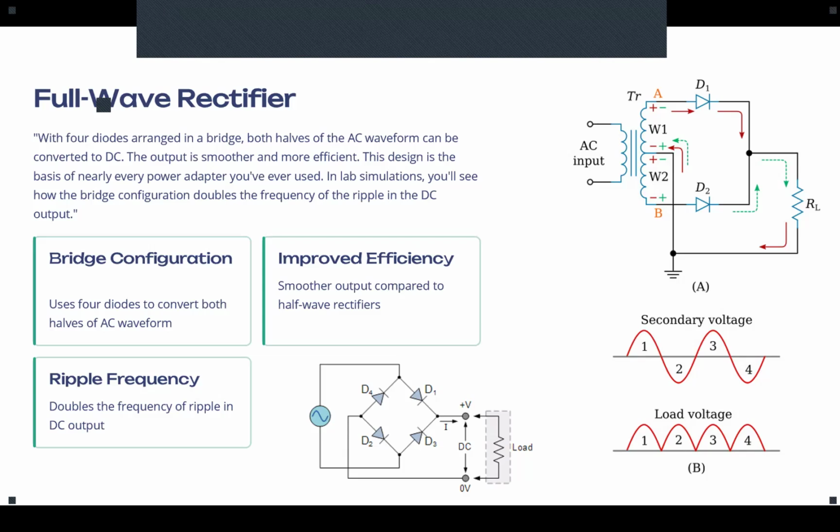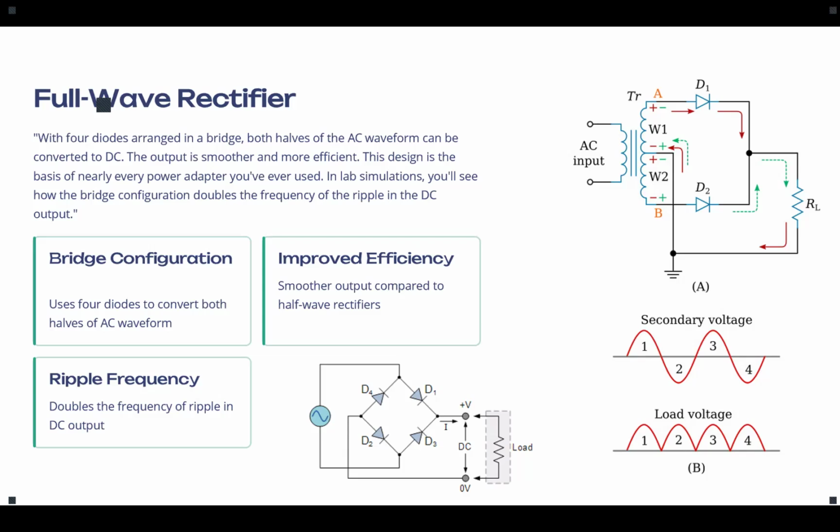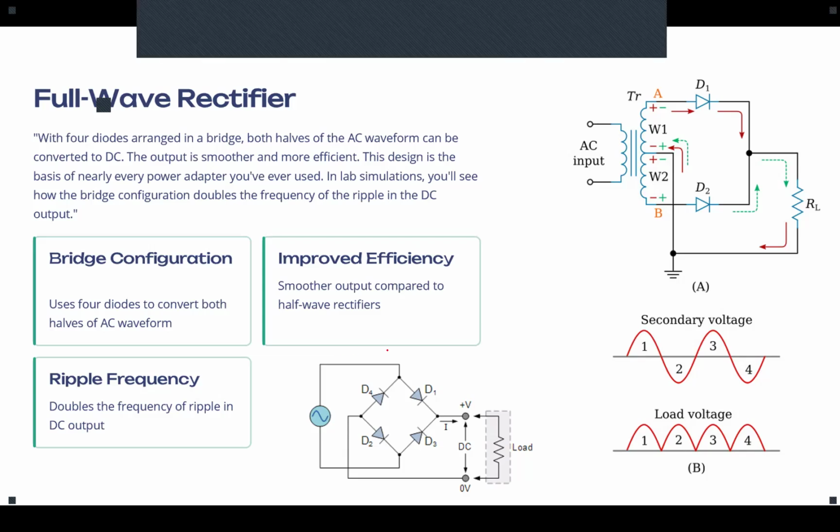We reverse it and make it positive in the output. When we have a forward bias, the current goes through here to here to here, and the circuit is closed. Make sense? So we have the positive half cycle conducting through the load.